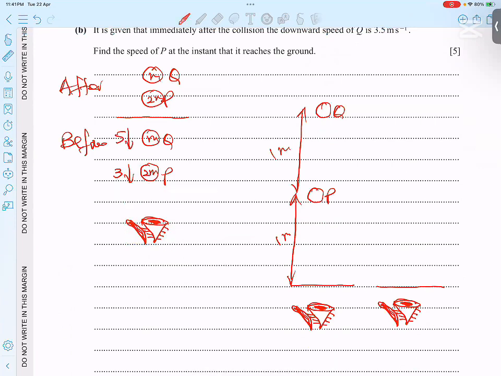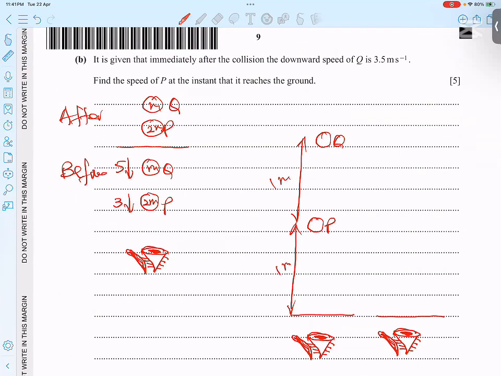Both are negative, downwards. And after collision, the speed of Q moving downward is again 3.5, but negative. P, I don't know. Naturally, we know it is moving downwards, but just say I don't know.